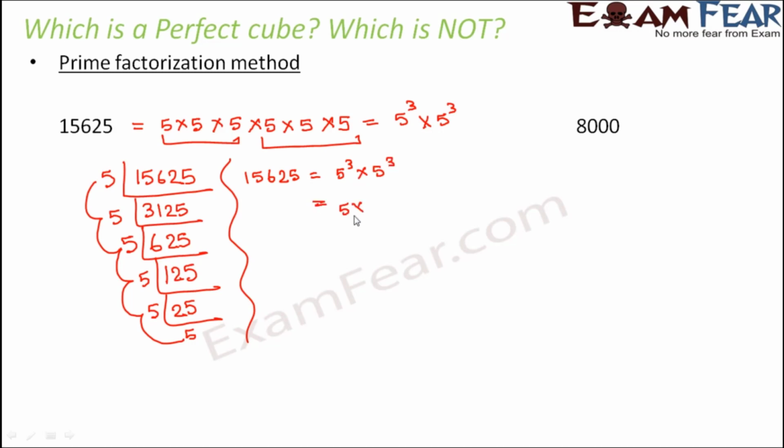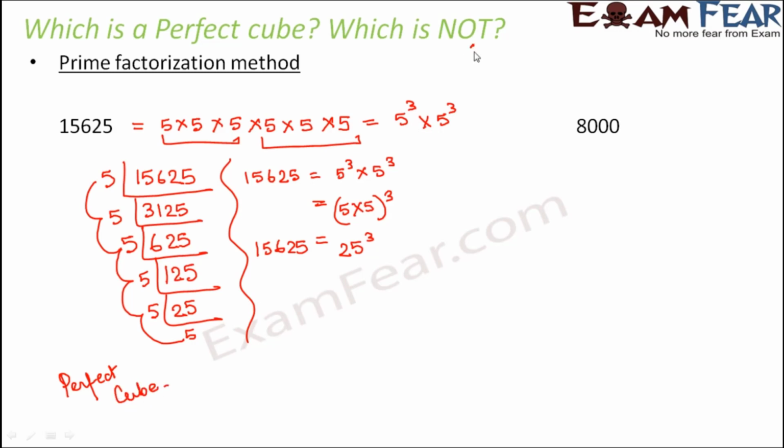So this can be written as 5 into 5 whole cube. 5 into 5 is 25. So 15625 is equal to 25 cube. That means this number can be written as the cube of a particular number, so this is a perfect cube.